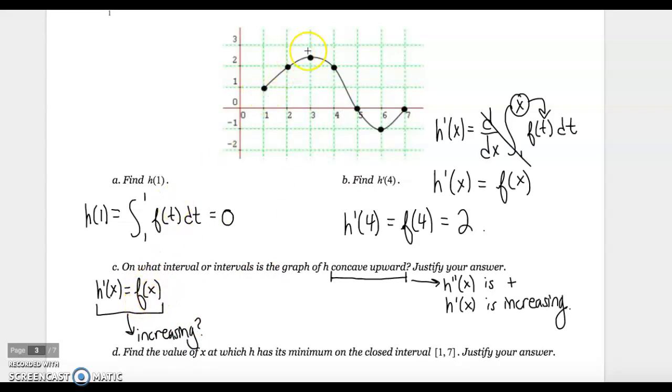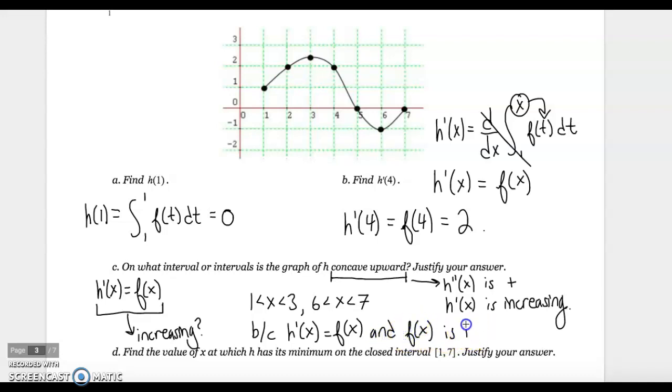I'll notice that my graph is increasing from 1 to 3. And where else is my graph increasing? From 6 to 7. And your justification for that would be because h prime of x equals f of x, and f of x is increasing on those intervals.